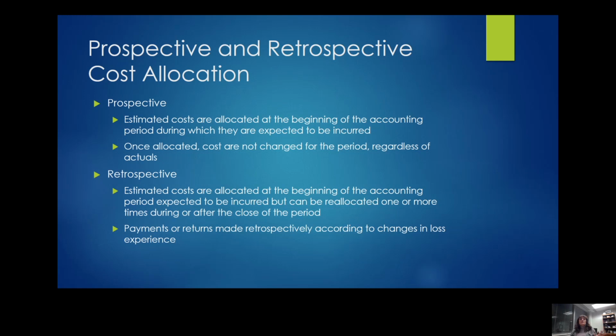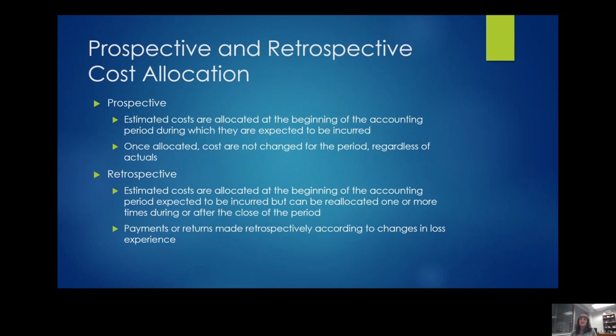So there are also 2 different ways to look at cost allocation, the prospective approach and the retrospective approach. If you don't remember, we did talk about retrospective plans where after the end of the period, if you've done a really good job of managing your costs, you could actually get the potential premiums paid back to you.